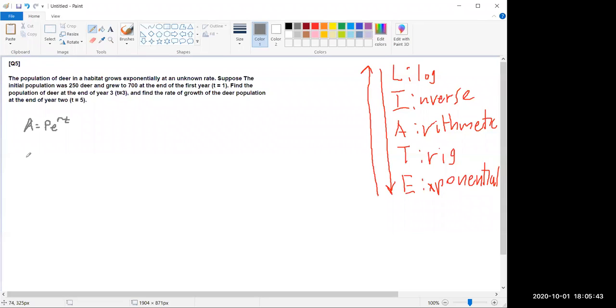Yeah, so the 250 is P. We call that the principal amount or starting amount or initial population, whatever you want to call it. So P is 250. And then 700. How can we use 700?